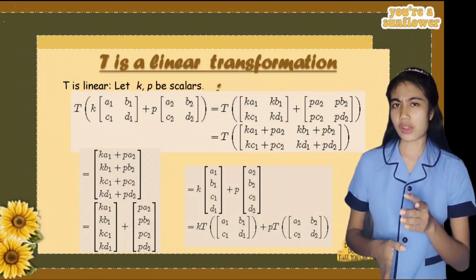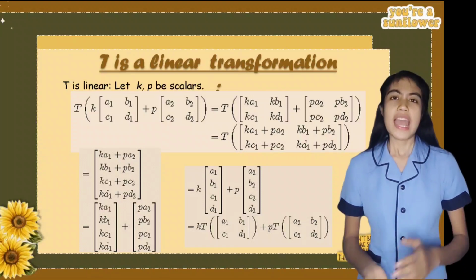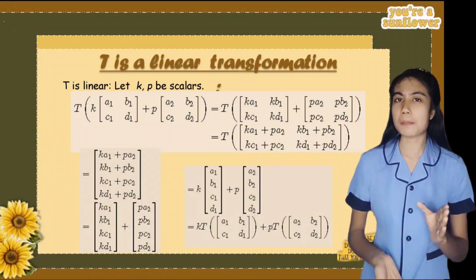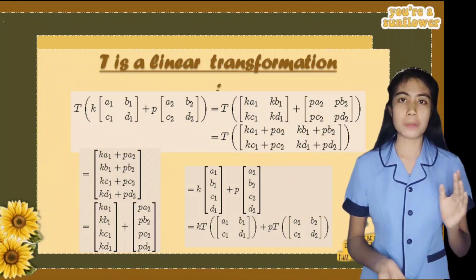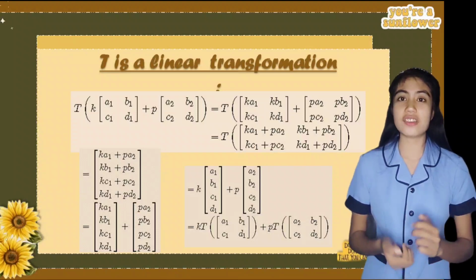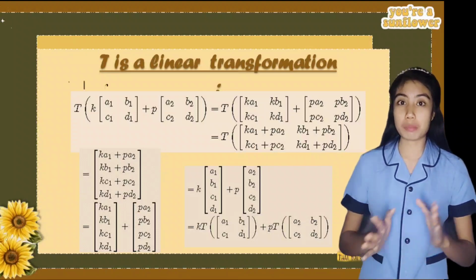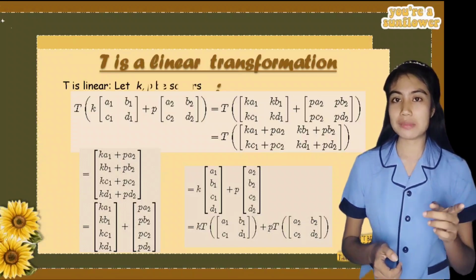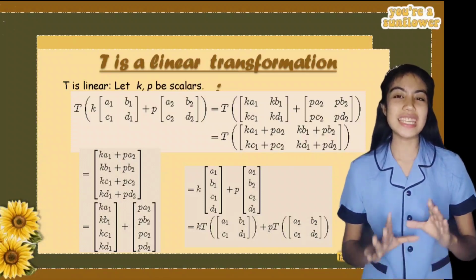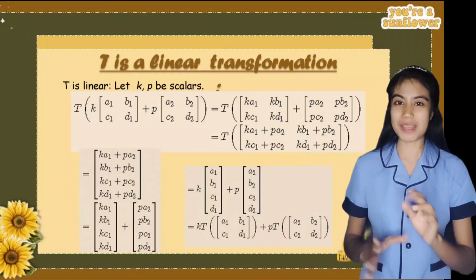Now, let me ask you a couple more questions. Can you think of any real-life examples where isomorphisms might be applicable? How do isomorphisms help us understand the relationship between different vector spaces? So to answer that, think of isomorphisms as the secret code that reveals the hidden relationships between vector spaces.